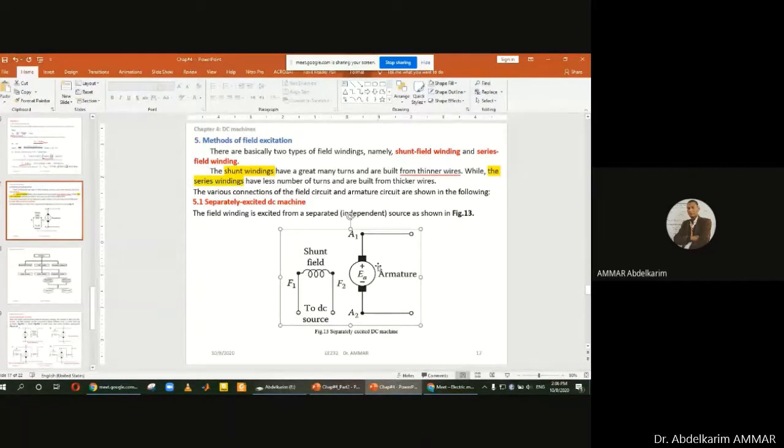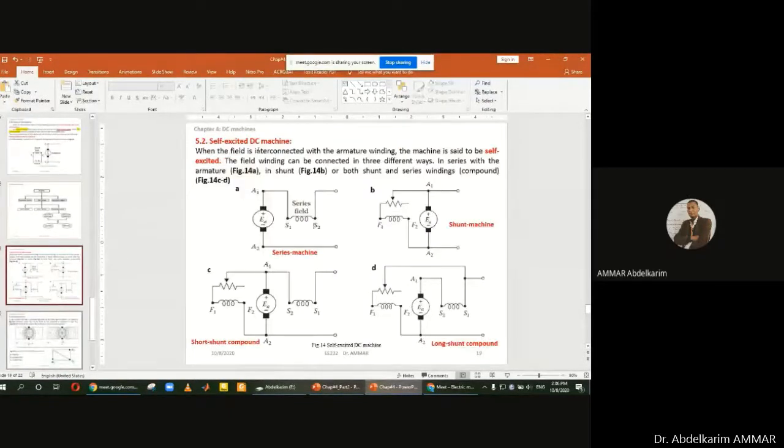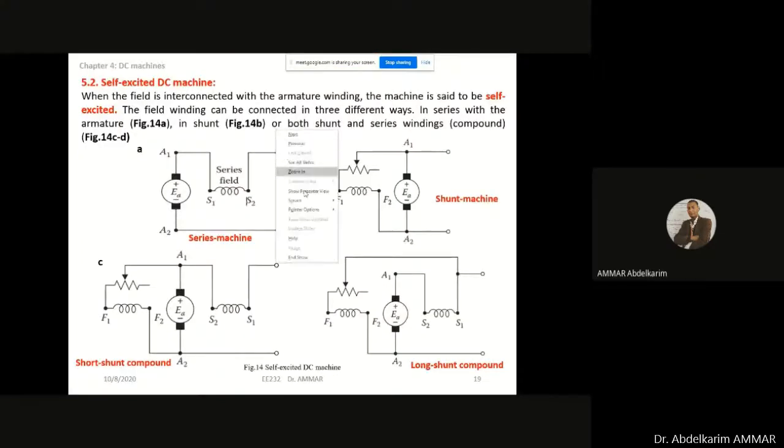Now, the self-excited DC machine. This is when the field is interconnected with the armature winding to the same source. The machine is said to be self-excited because it excites itself.